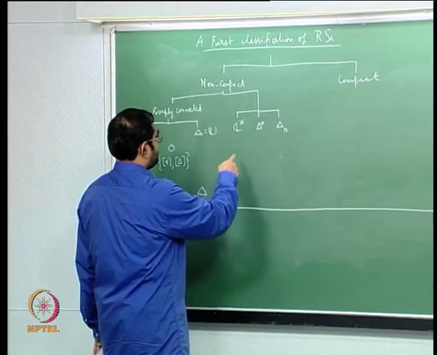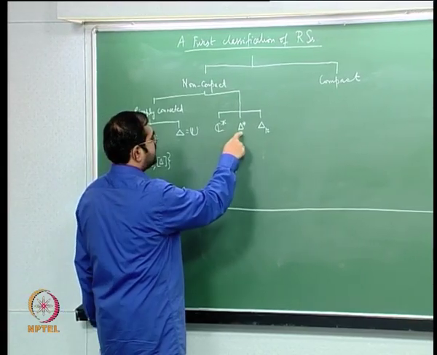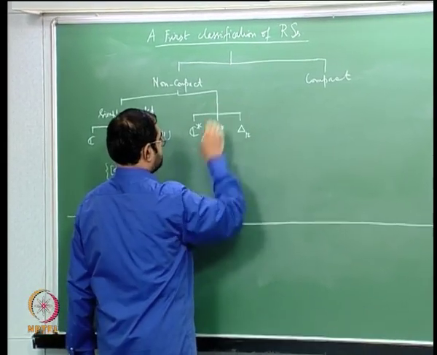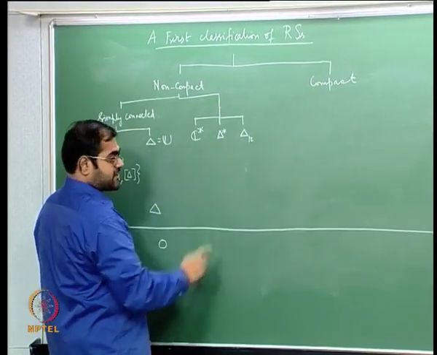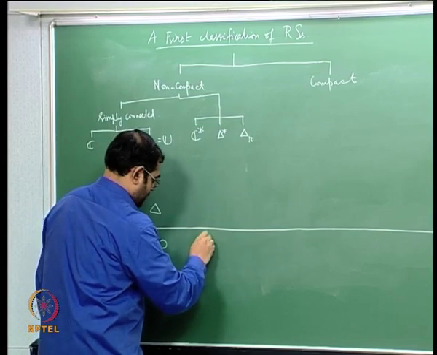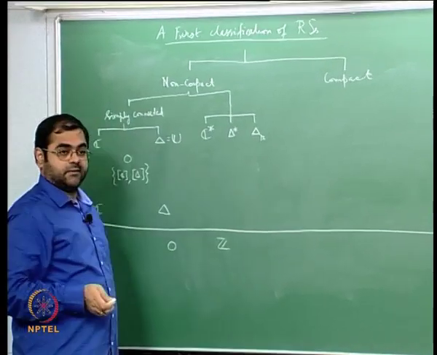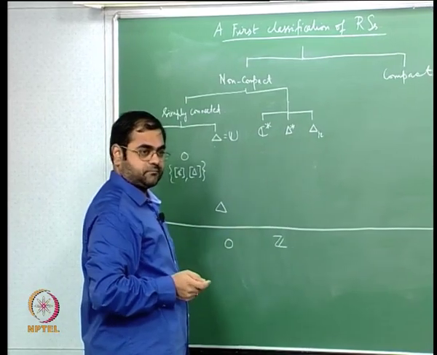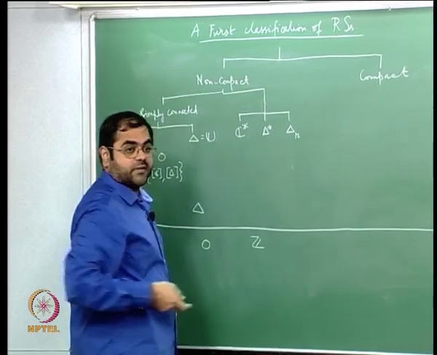Then in the case of C star, delta star, delta R, and of course there are further examples, I am just giving some examples. So in each of these cases the fundamental group is always Z, the fundamental group is the same for all of them, okay, and all of them are homeomorphic.